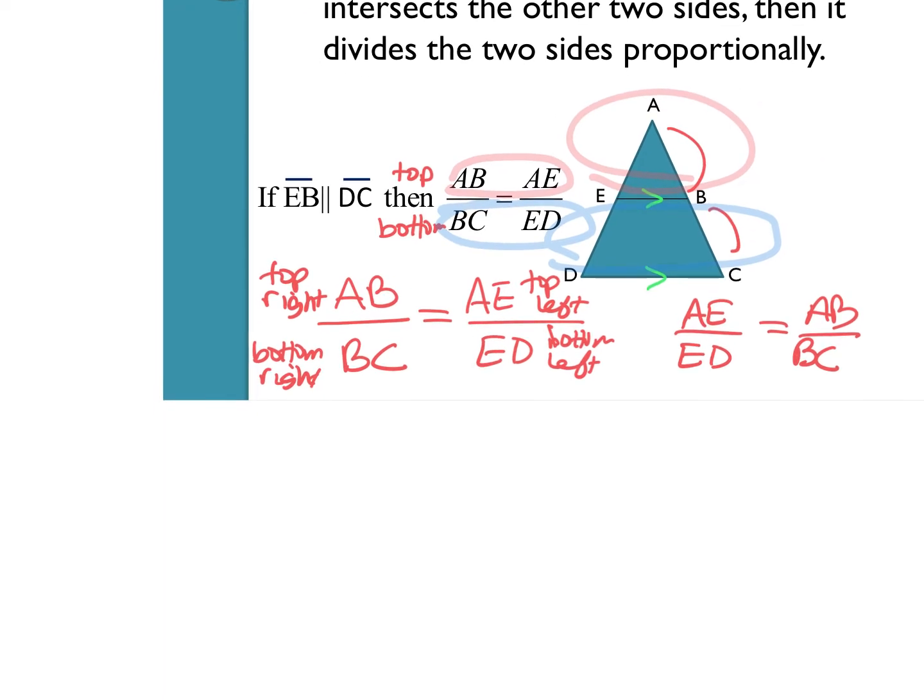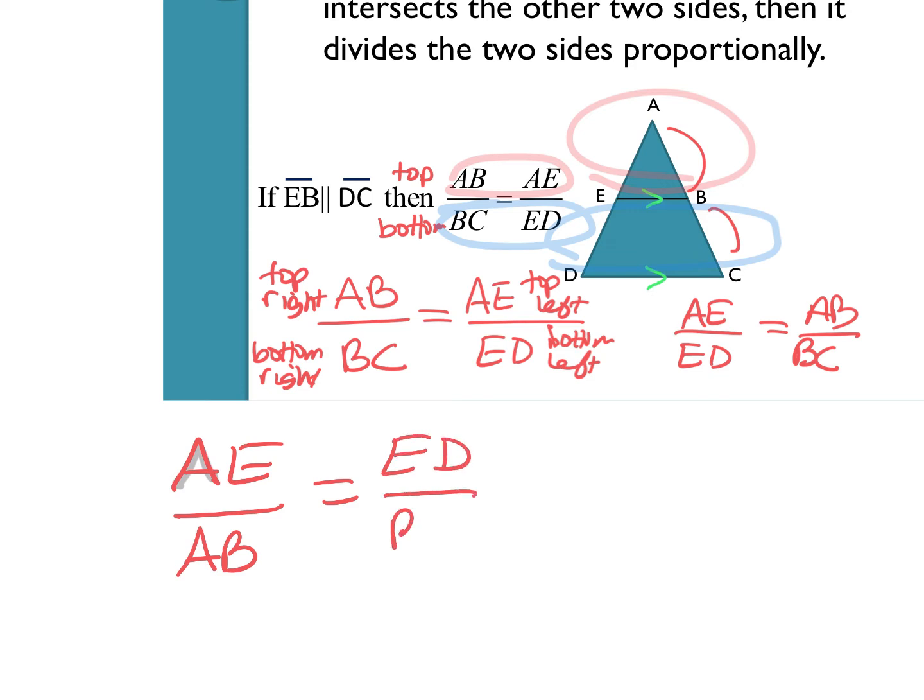So I could also do, just to make sure that you're aware of this, AE, the left, over the right, so over AB, and then the bottom left, ED, over BC. So if you want to do left over right, you can also do that. Just be aware that you have options here.